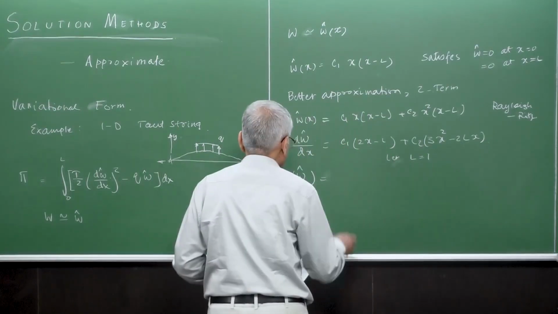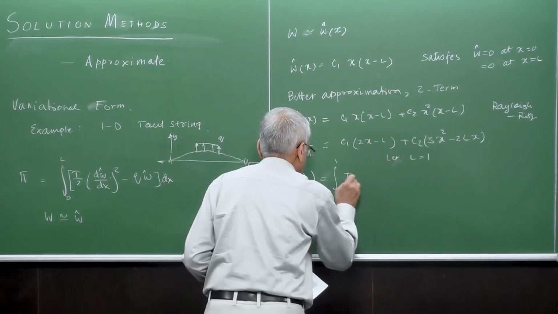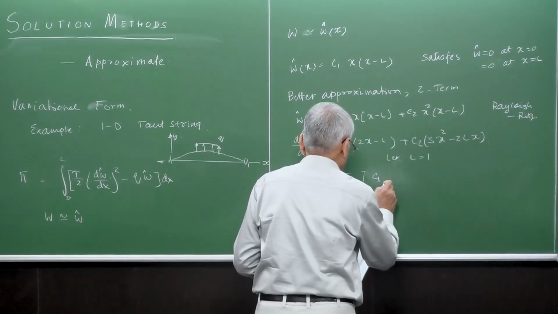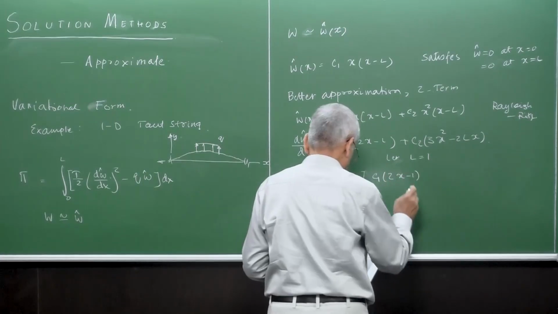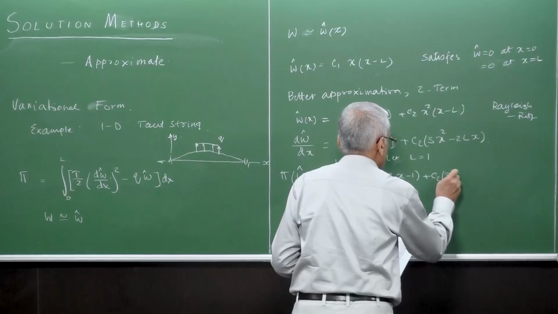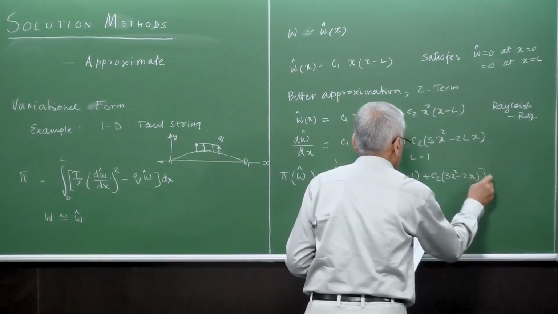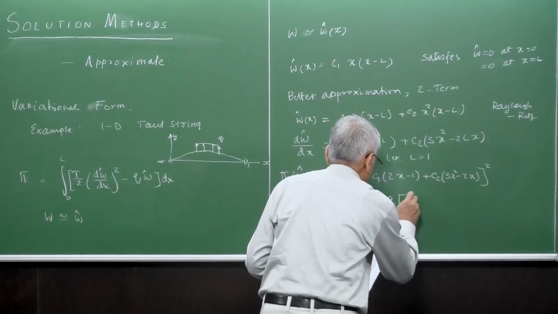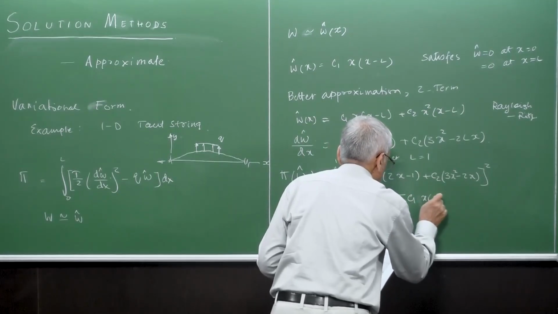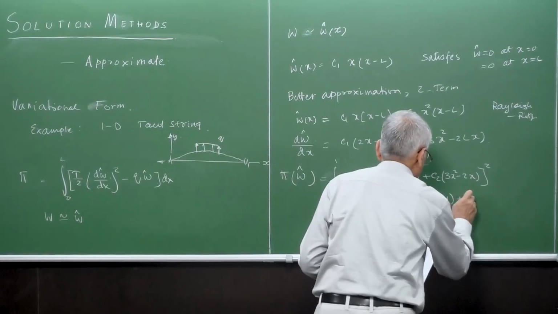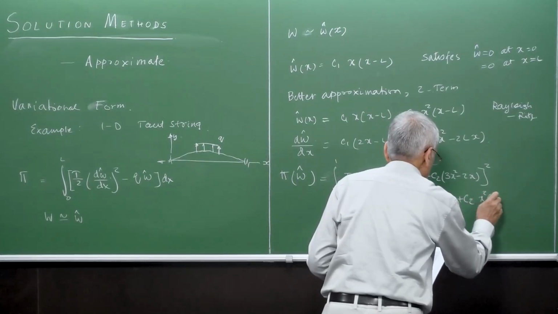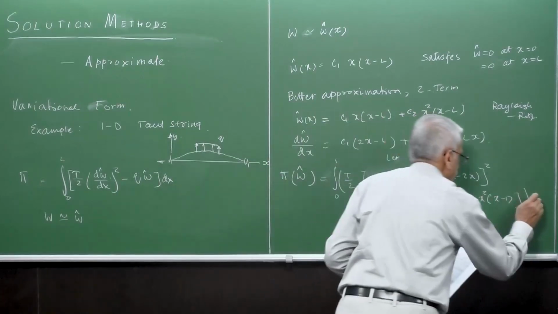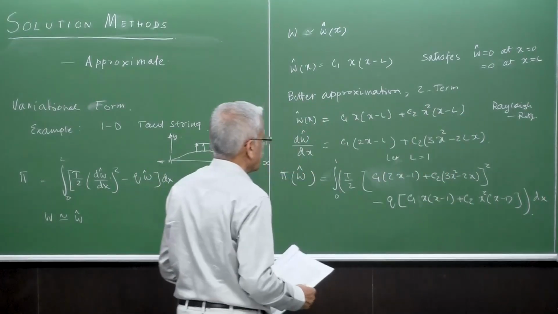So let us substitute it here: the integral from 0 to 1 of EI by 2 times [C1 (2x minus 1) plus C2 (3x square minus 2x)] square, minus q times C1 x (x minus 1), so the whole thing has to be integrated between 0 to 1.